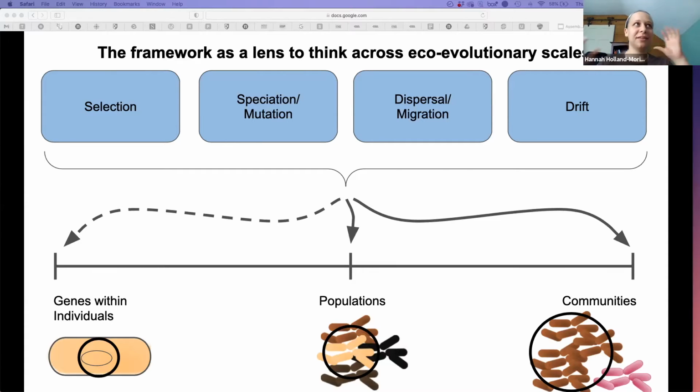And I tend to think of this as a great lens through which to view even perhaps genes, maybe mobile genetic elements or homologs within an organism, might also be influenced. Anywhere where you have competition of organisms, you might be expecting to see some of these things. Okay, next slide, please.